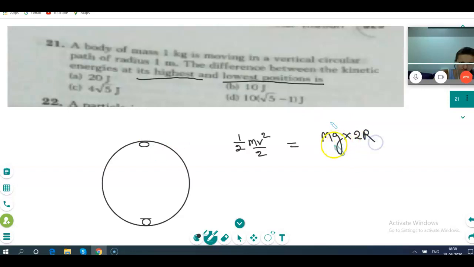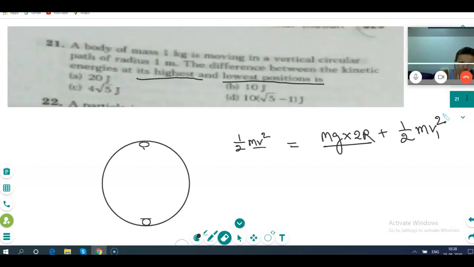It is potential energy plus, let us say, it is having some velocity also, half mv1 squared. Is it clear? Yes.